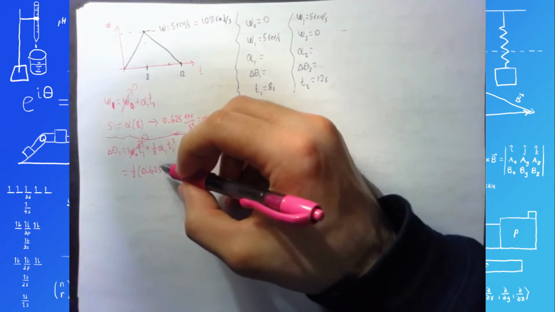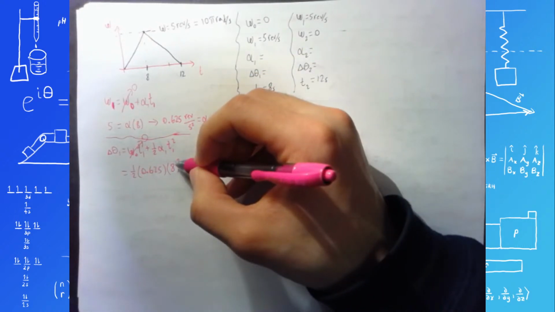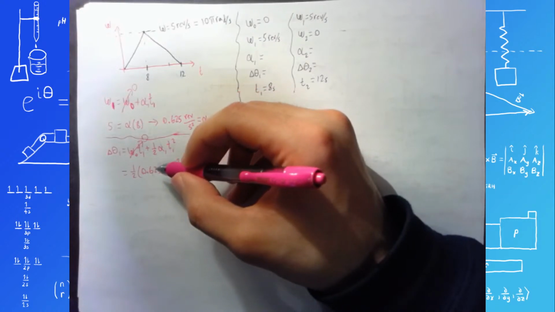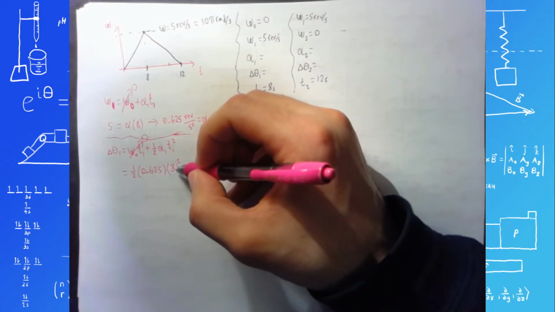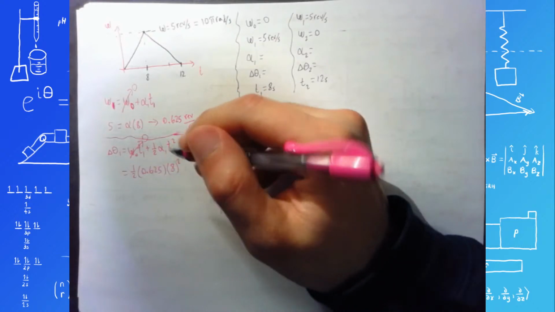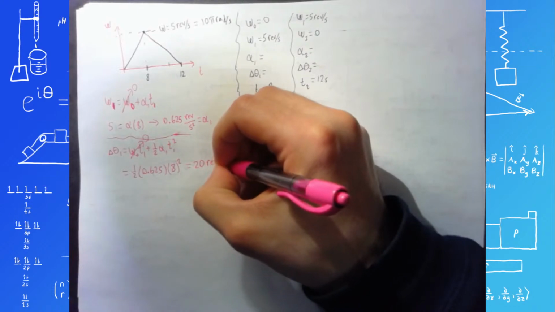Well, 0.625 was 5 over 8, so 5 over 8 with 8 squared. One of the 8's cancels and you're left with 5 times 8, and then times 1/2, so that's 5 times 4, that's 20. Equals 20 revolutions.